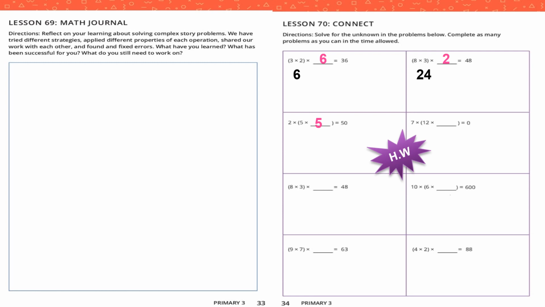I can multiply, the order is not important, so I can multiply them. 2 times 5 equals 10. 10 times what equals 50? 10 times what here? 5. Yes, sure. And you can complete by yourself.